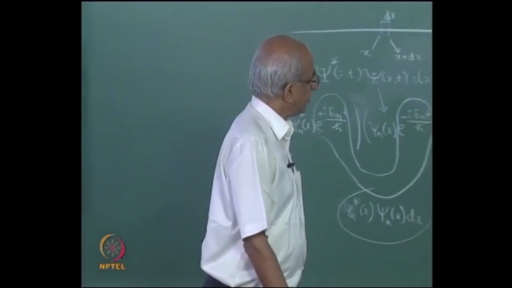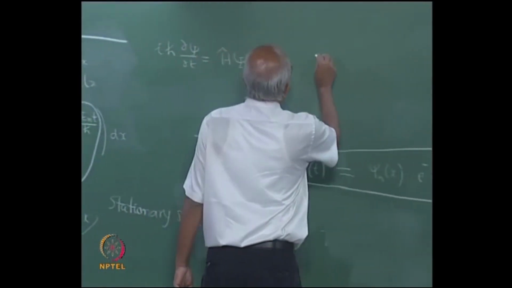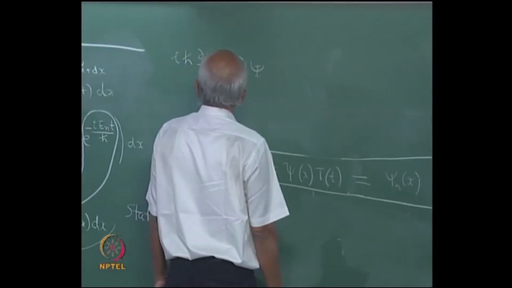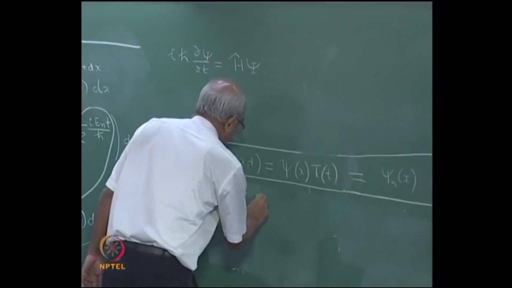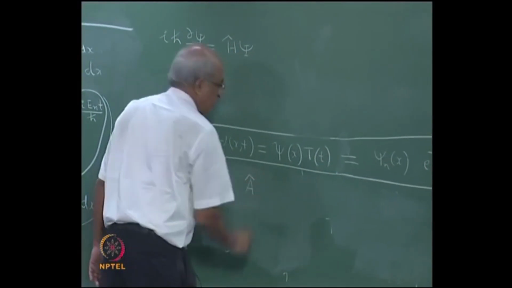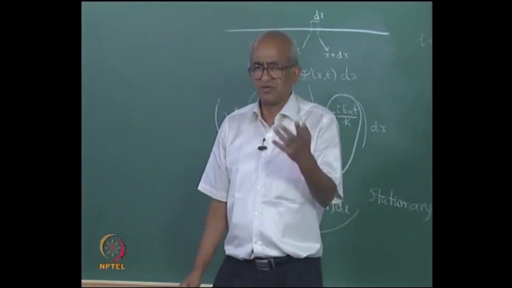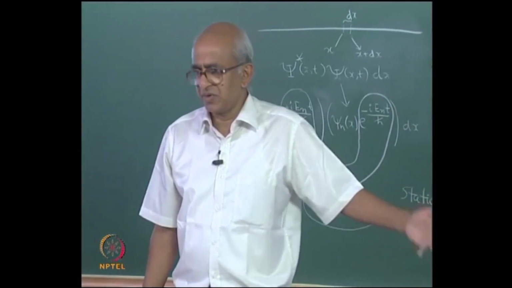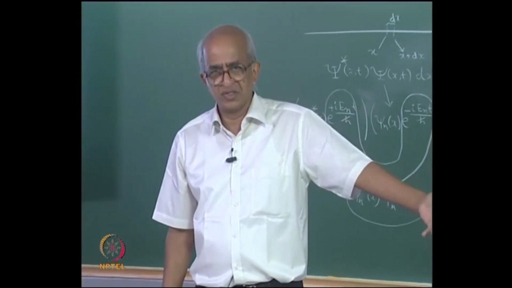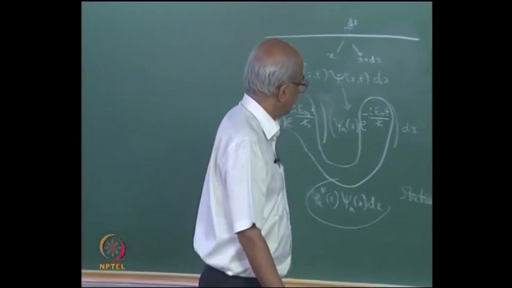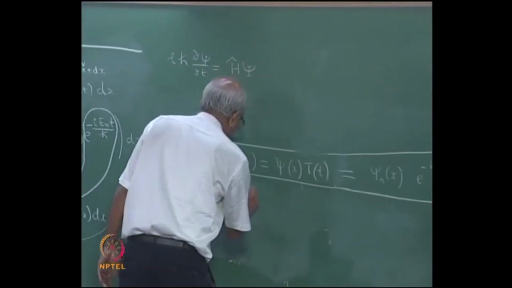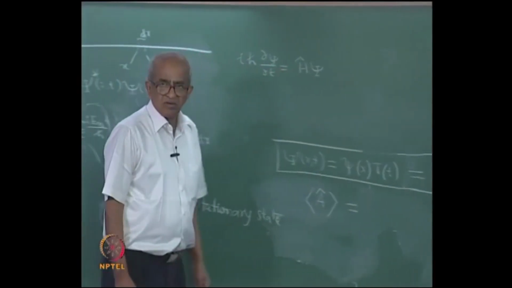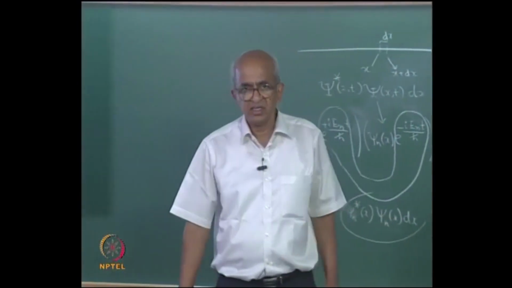Now, in addition to this, suppose I have any operator A. You think of any operator A, for example, maybe the Hamiltonian operator, or maybe the momentum operator, or maybe the operator for position. These are the simple things that you can think of. You think of any operator, and I want to think of the expectation value of A, which is something that we have defined today.